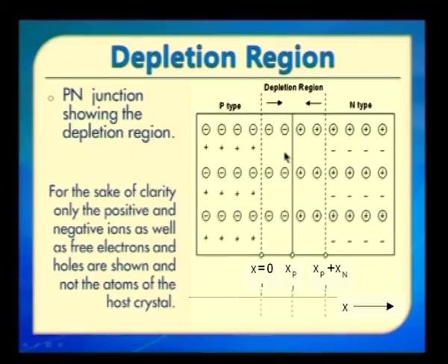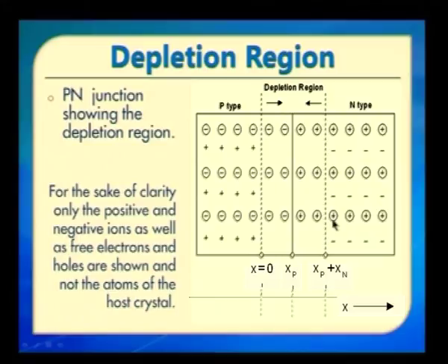So, if an electron comes in the vicinity of the depletion region or the p-n junction, what will happen to the electron? It will immediately be attracted by the positive ions. You see the positive ionic layers, right. So, if an electron were to come here, it will be attracted by the positive ionic layers.